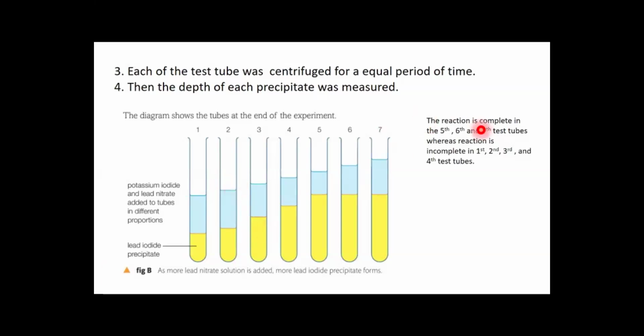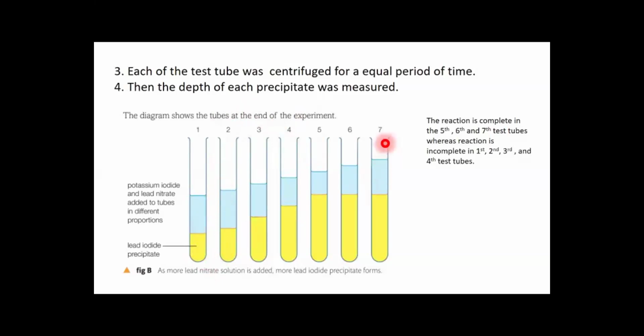So you can see, once it is centrifuged, this is how the test tubes look, right? In one test tube, the precipitate is this much. Likewise, the precipitate is at different heights in the other test tubes, right? Then what are we going to do? We are going to measure the depth of the precipitate, right?